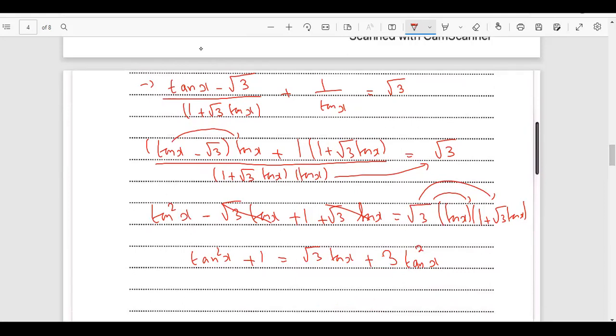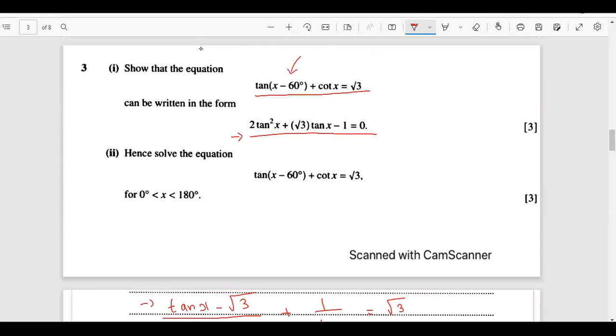We can take everything to the other side. So 0 equals 2 tan square x plus root 3 tan x minus 1. And this is how it should look.